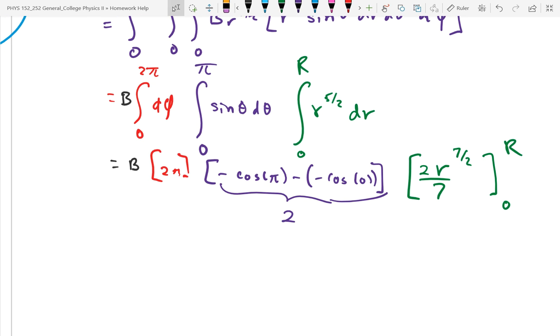So you put that all together, and you have 2 pi times 2 is 4 pi, so 4 pi times b over 7/2, capital R to the 7/2. So we were able to calculate the total charge on this here sphere.